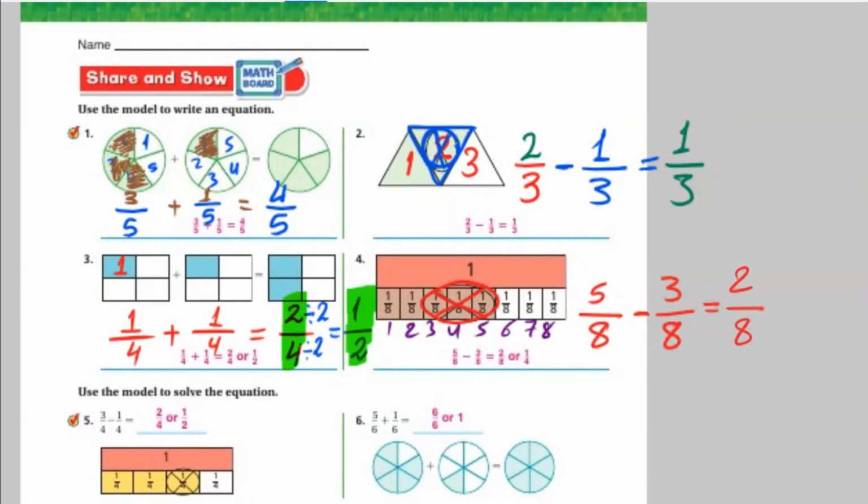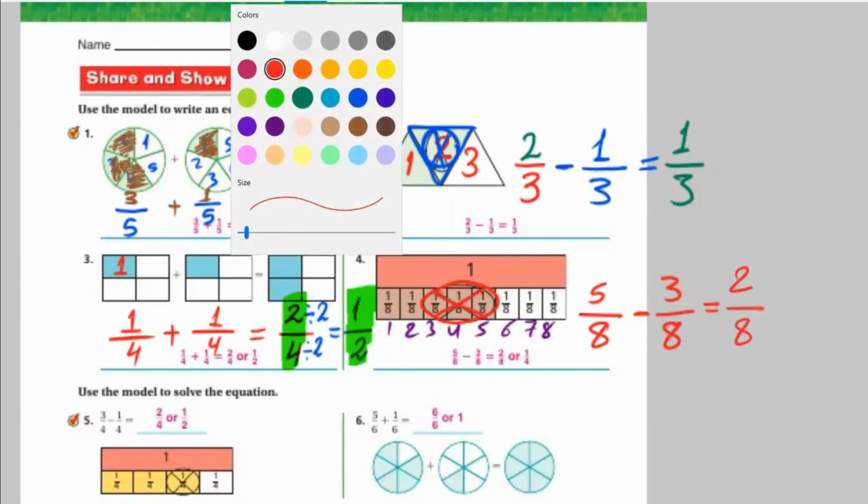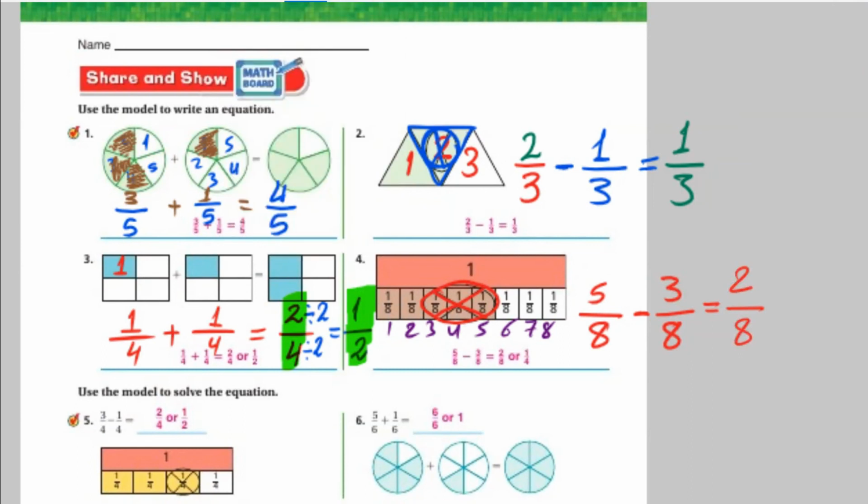Can we simplify it more? Okay, let's ask the big number. Where is the big number, Ahmed? 8. Is 8 in the multiplication table of the small number, which is 2? Yes, 2 times 4. So we're gonna divide by what?